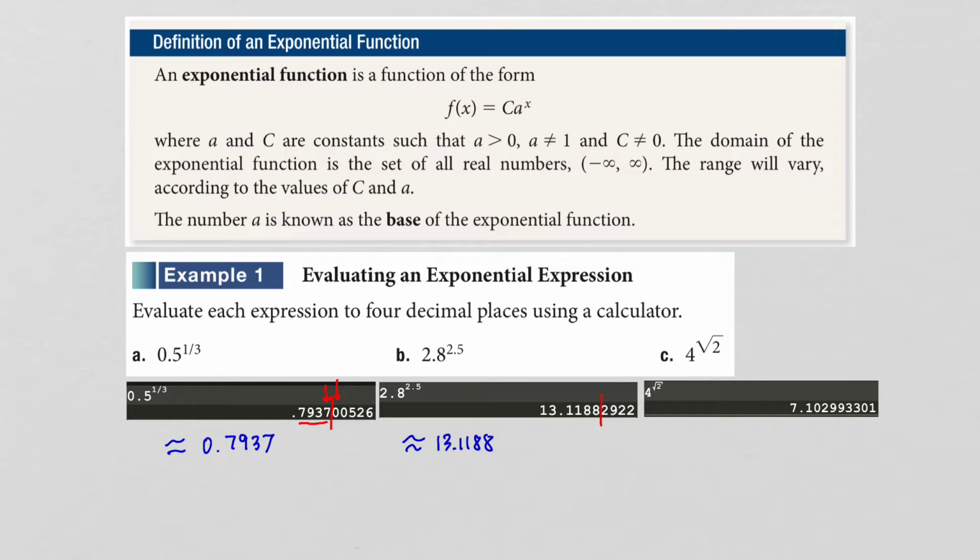And rounding 4 to the square root of 2 power, you'll see that when we round this one, it's a little bit more interesting. This 9 here is going to round up, but we can't round 9 up, so we have to think of this as 29, and that 29 gets rounded up to 30. So this is approximately equal to 7.1030 to 4 decimal places.